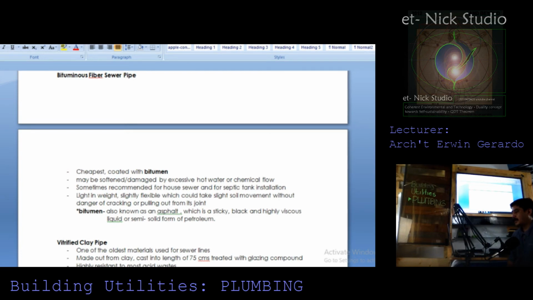It is light in weight, slightly flexible, which could take slight soil movement without danger of cracking or pulling out from its joint. Bitumen, also known as asphalt, is a sticky, black, and highly viscous liquid or semi-solid form of petroleum.